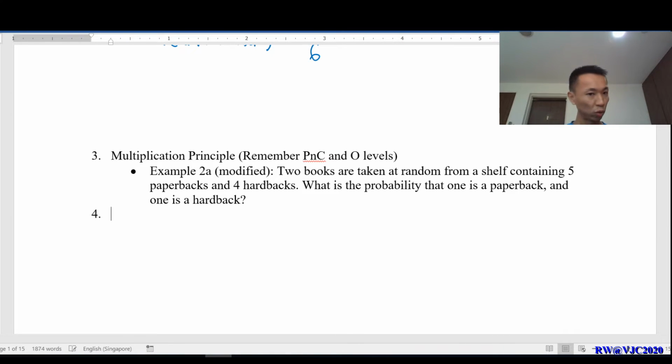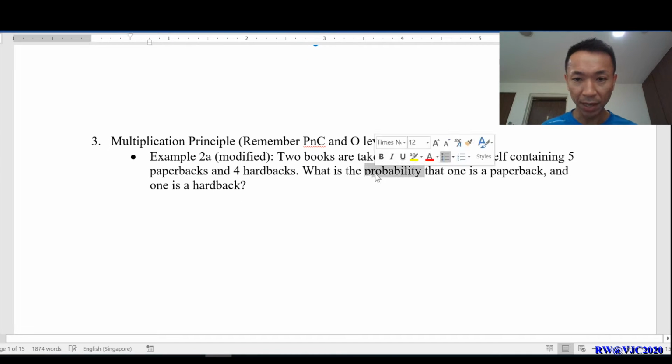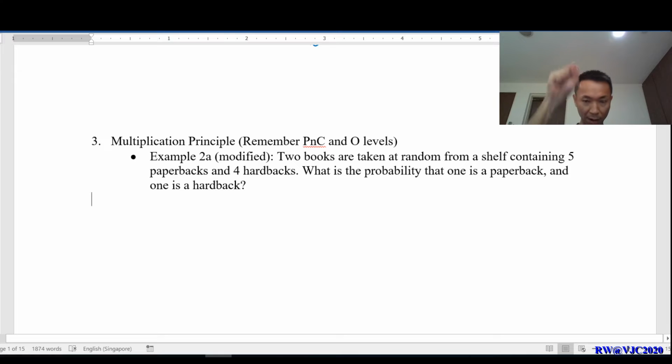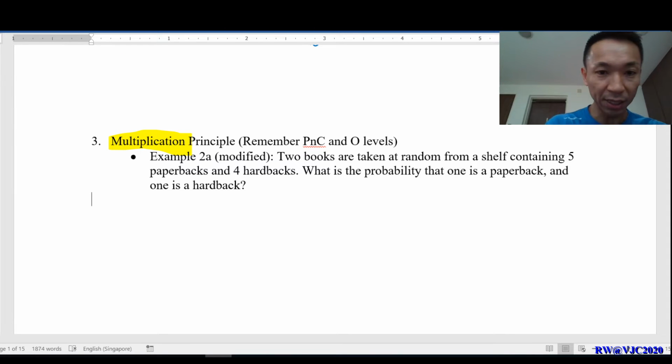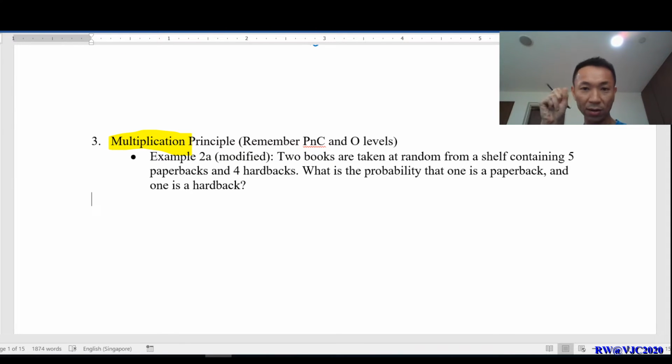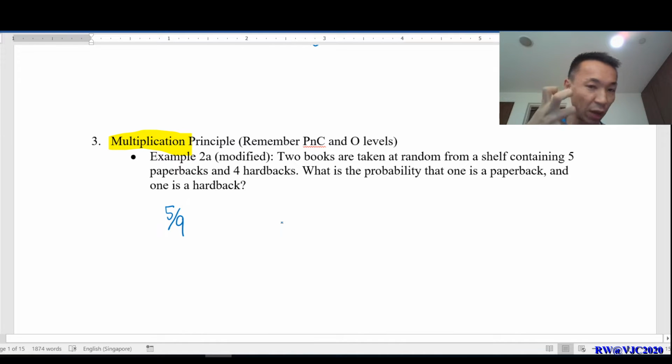That means you choose 2. What is the probability that you take 2 at random from a shelf? So the answer is this. You use multiplication. I'm going to illustrate how we use the multiplication principle here. If you take two books, the first book you take, the probability that it is a paperback is 5/9. Now, when you take two, it's inherently the same as taking one after another. Never mind that you don't take one and put back.